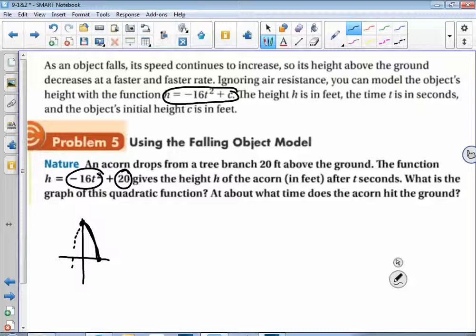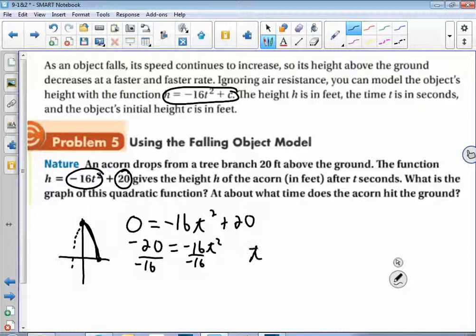Well, what I could do, if I wanted to, is put 0 in right here for the height. And I think we can handle stuff like this. We can subtract 20. We get negative 16t squared. We divide by negative 16. So now we get t squared is equal to 5/4.